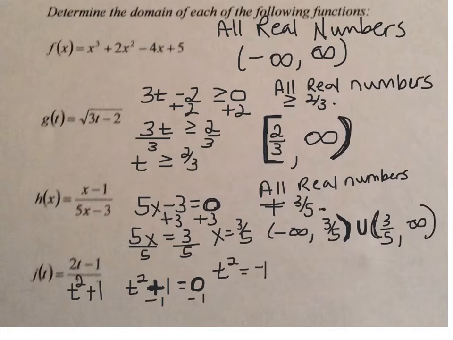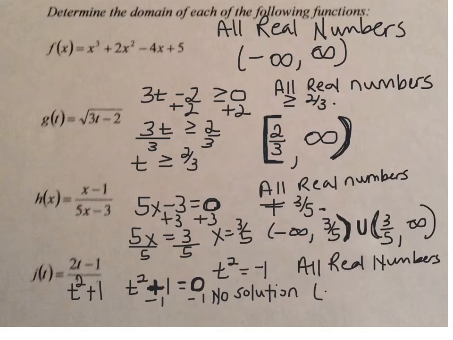That has no solution, because there's no number that when you square it, the result is negative. And that means there's nothing I have to exclude. So the domain here is all real numbers. I can represent that in interval notation as negative infinity all the way to positive infinity.